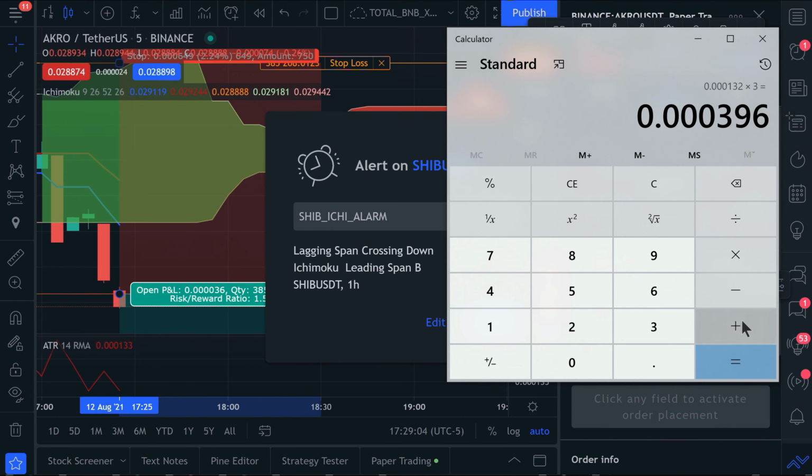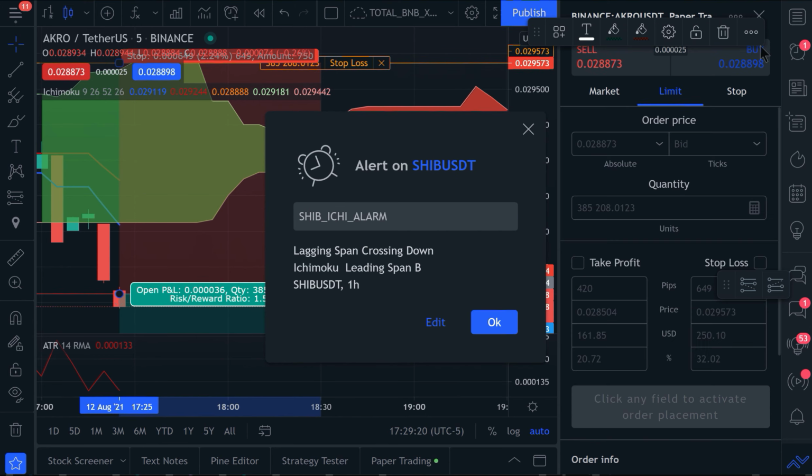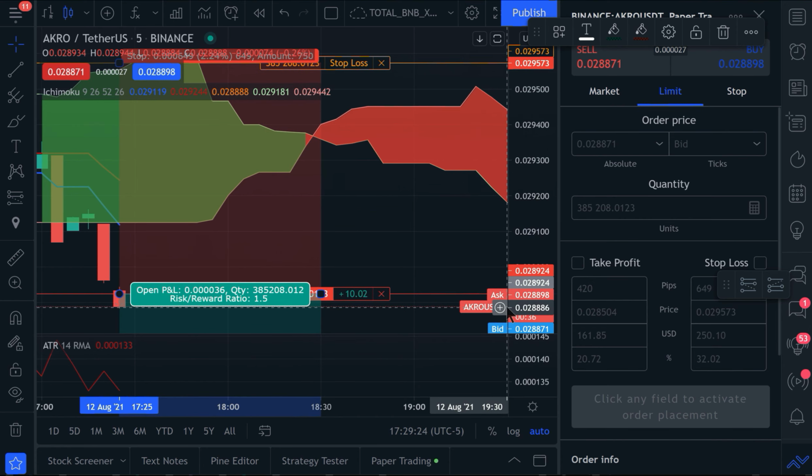So this will be added to my entry level price. So my stop loss for the ATR will be 29.32, maybe too high. No, it's correct. 29.32. I will go to Shiba soon.